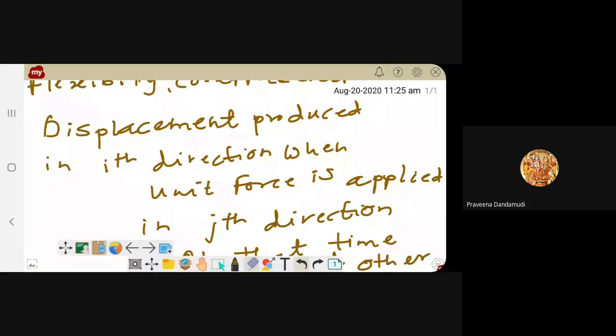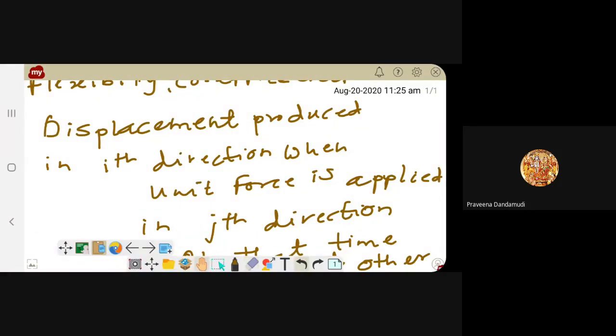Up till now, in the stiffness matrix method, we are doing the same procedure, but there we are supposed to apply the unit displacement. Here the only change is that we are applying unit force to get the displacement in another direction.